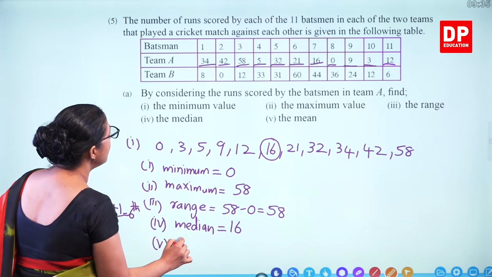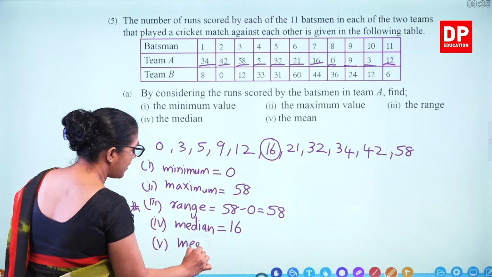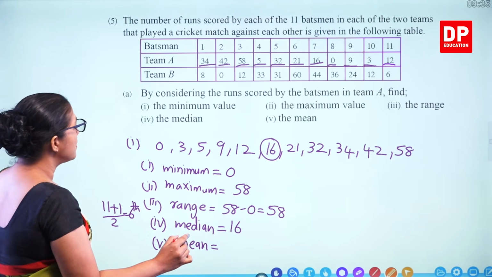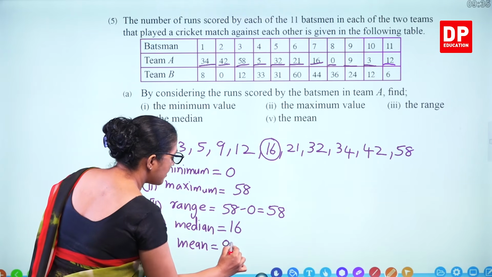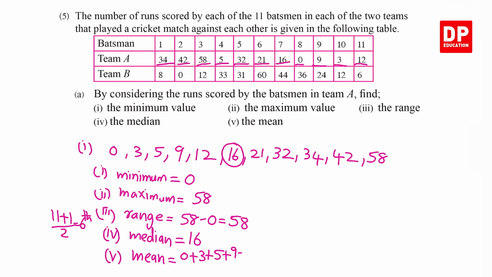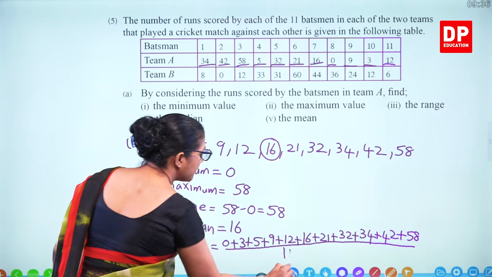And mean, you have to add everything and divide by 11. So I'll write down, take the total of all these numbers divide by 11.